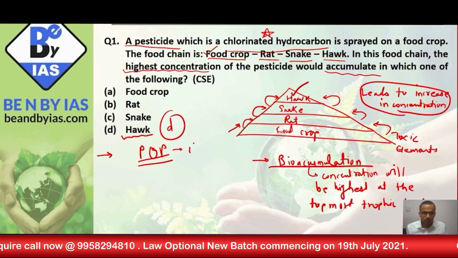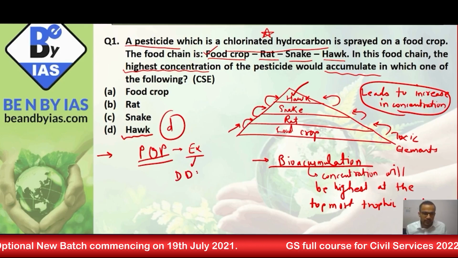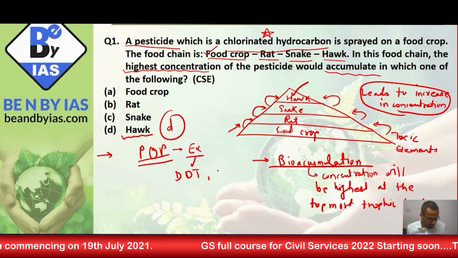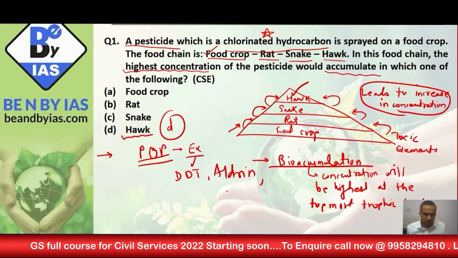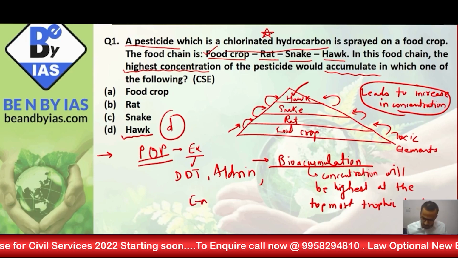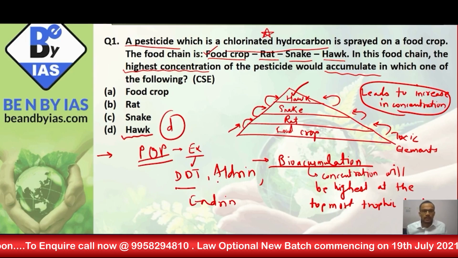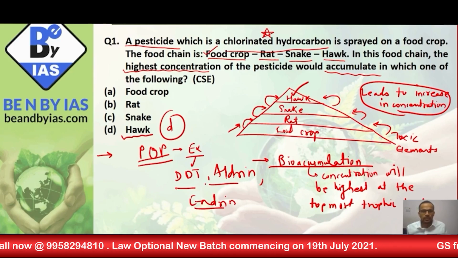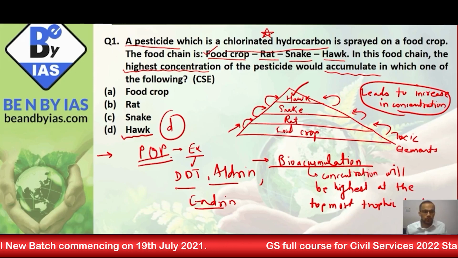Examples of POPs are DDT, then aldrin, then endrin, etc. Fine. DDT, aldrin, endrin, these are the POPs, persistent organic pollutants.